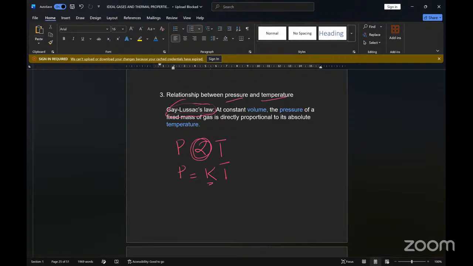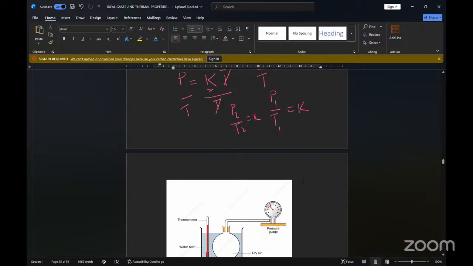Now, if we want to make the constant K the subject of this equation, we divide this by T and divide this by T. So this T and T cancel, and therefore we are going to have P over T is equal to K. And so, like we did previously, we can say P1 over T1 is equal to K, and P2 over T2 is equal to K. So, in effect, what we are saying is P1 over T1 is equal to P2 over T2.